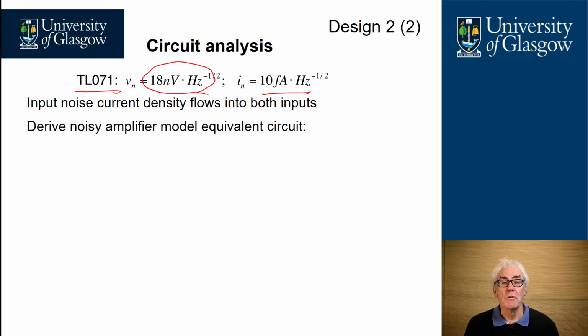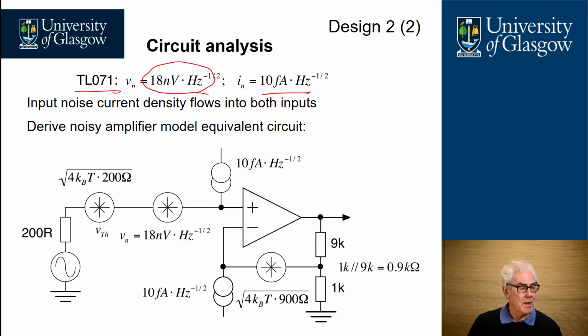The first thing we need to do is derive a noisy amplifier model equivalent circuit so we can do our analysis. So here we have it. We have calculated our Thevenin voltage here, which is 4kT times 200 ohms, and that's due to the noise equivalent of the source resistance.